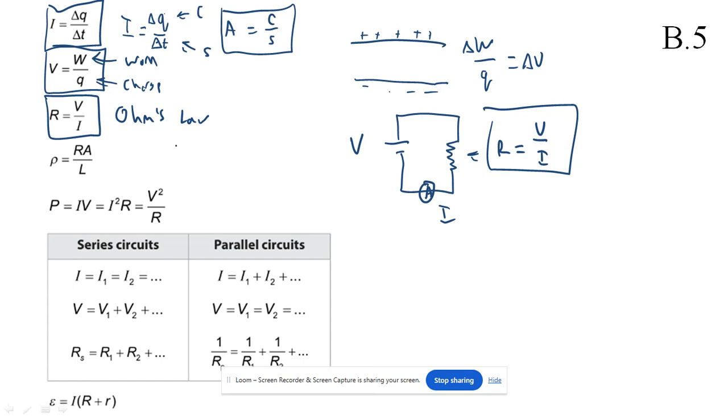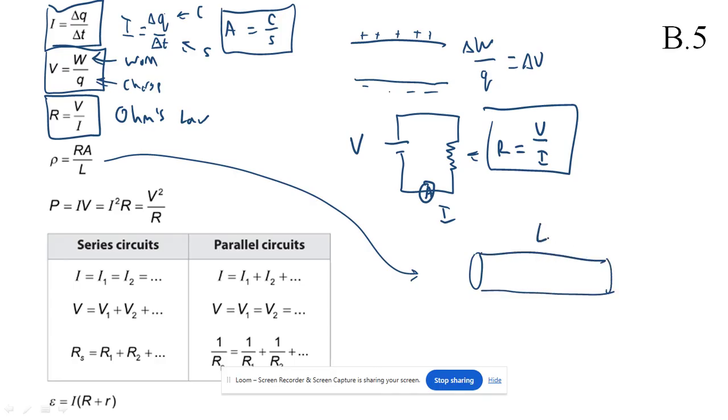This is fun. This is the definition of resistivity. It's written kind of funny. Okay, let's take a look at that. So this guy here, if we've got some conductor that has some length, it's got some cross-sectional area, has some intrinsic resistivity, the resistance of that thing is directly proportional to the length, it's proportional to the resistivity, it's inversely proportional to the area.